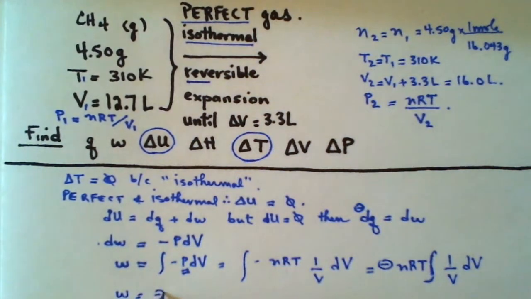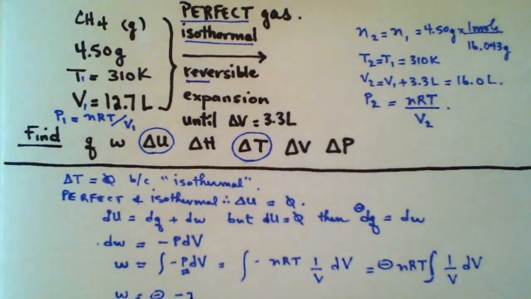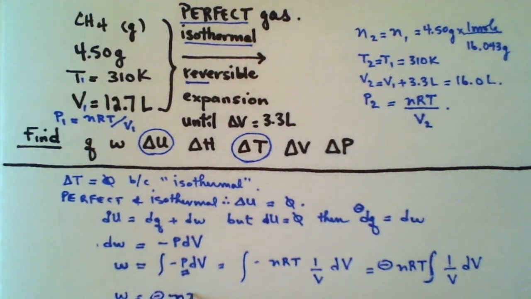Work, therefore, is equal to minus nRT, and the solution to an integral of 1 over V dV is the ln of V final over V initial, which in this case is V2 over V1.